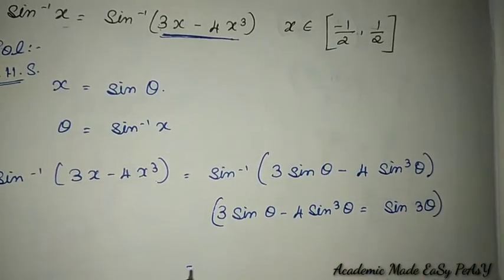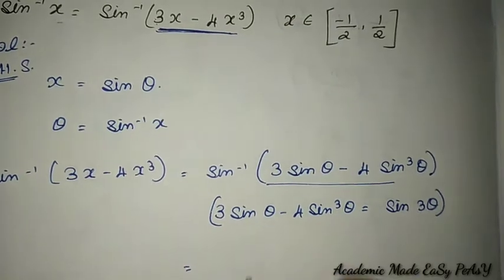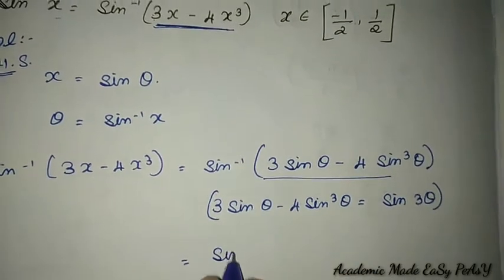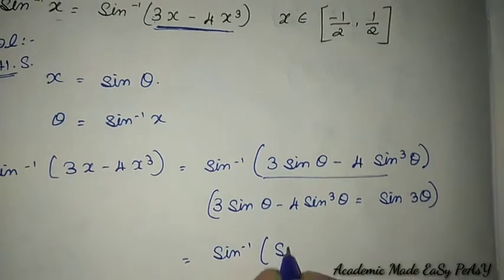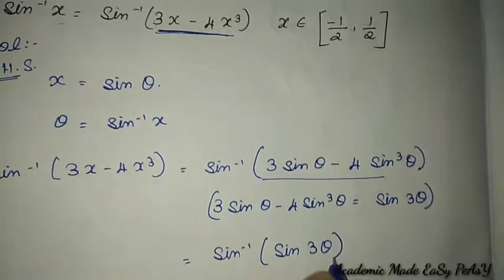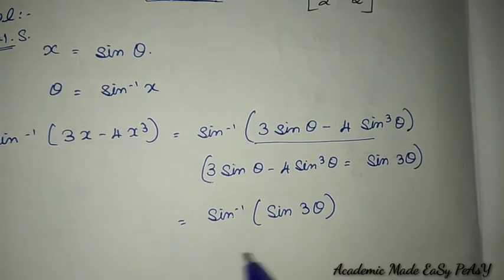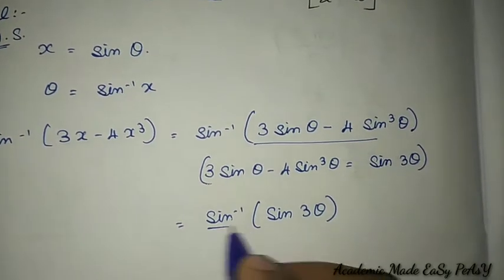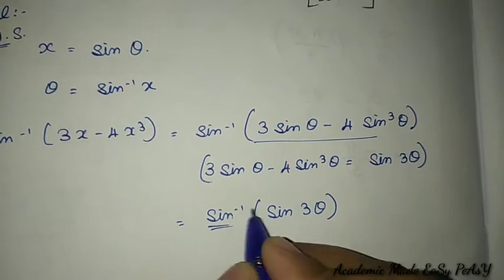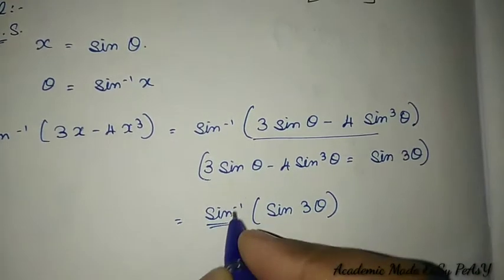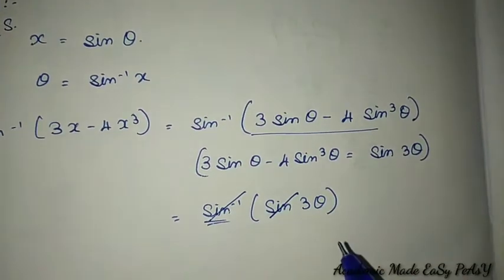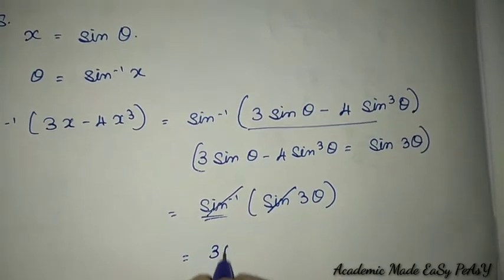So I will substitute it as sin 3 theta. So sin inverse of sin 3 theta. Sin inverse and sin cancel each other, so I will cancel these two and write only 3 theta.